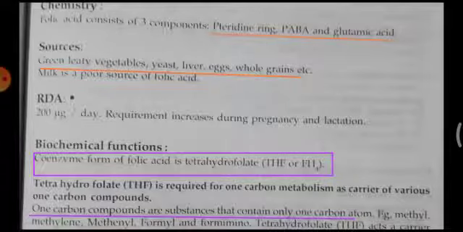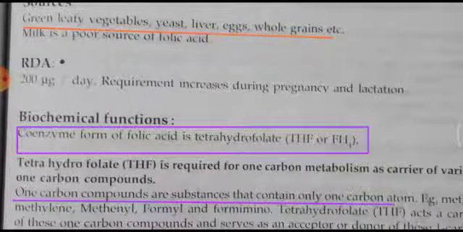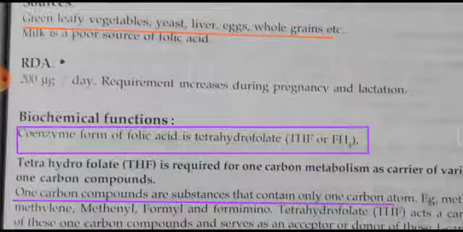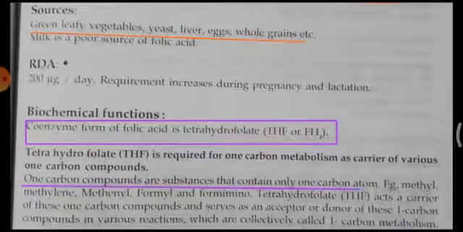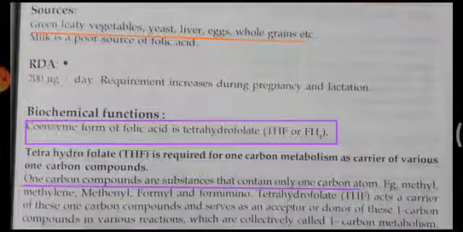The biochemical function of folic acid: it forms a coenzyme called tetrahydrofolate, THF. T means tetra, H means hydro, F means folate. Tetrahydrofolate is required for one carbon metabolism as the carrier of various one carbon compounds.